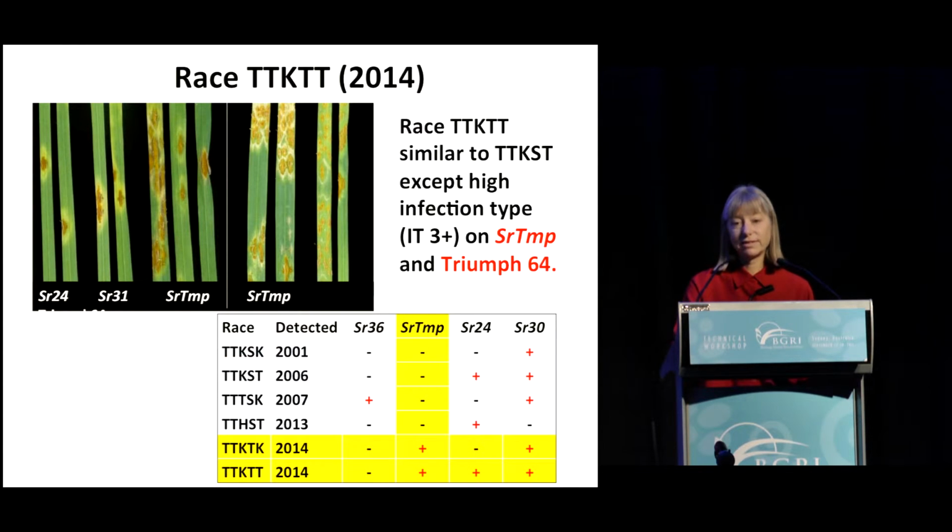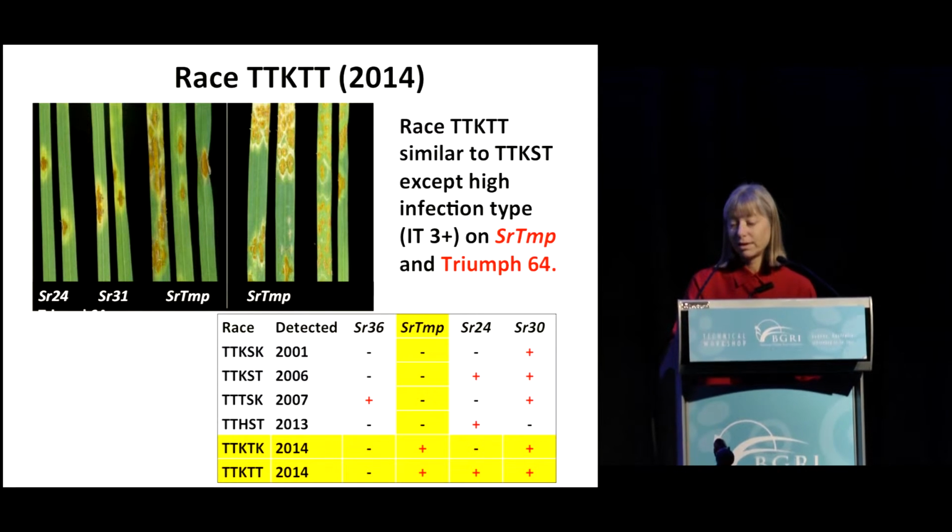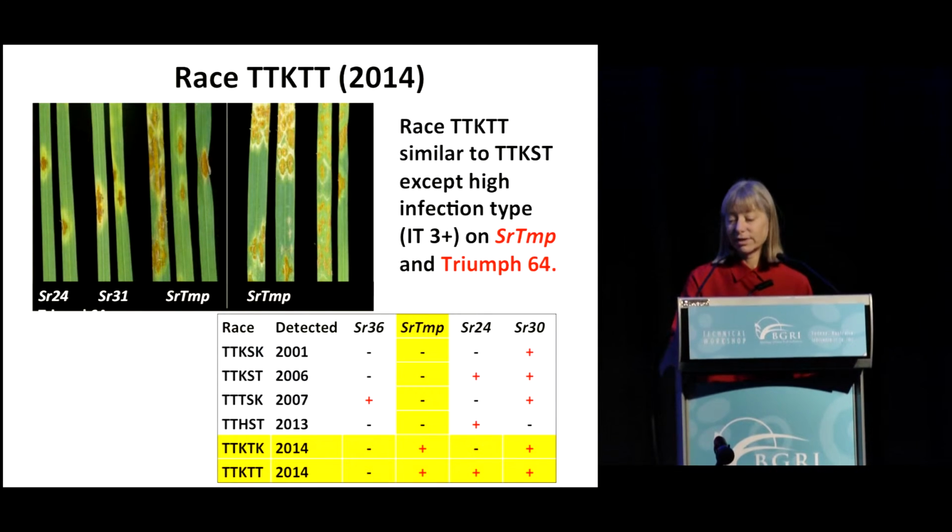Race TTKTT is similar to TTKST, except high infection type on SrTmp and TRIMF64. The photos show high infection types on SR24, 31, and TMP. And in a separate inoculation at a separate time, we have photos of high infection types on SrTmp and TRIMF64 next to it.